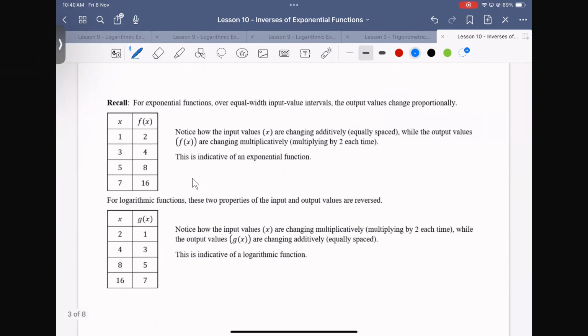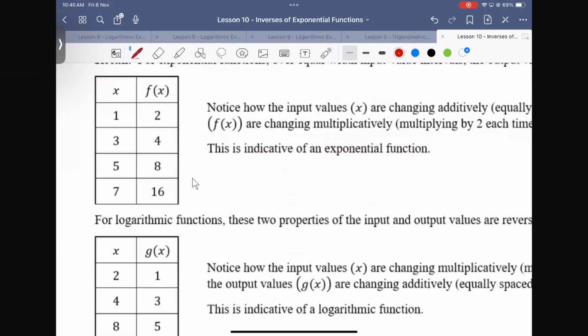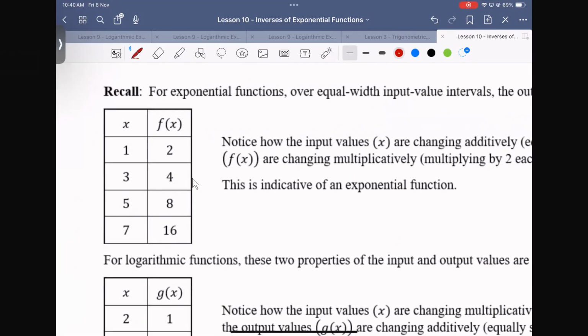So what's important to notice about this here is an exponential function. As we go up, changes in input values are linear. So we're going up by +2 here. If this one goes up by +2, so we have a constant linear change in the input values, producing a constant proportional change in the output values.